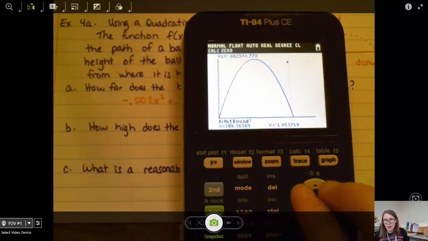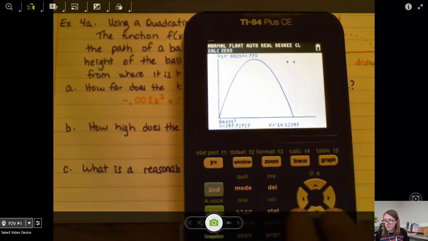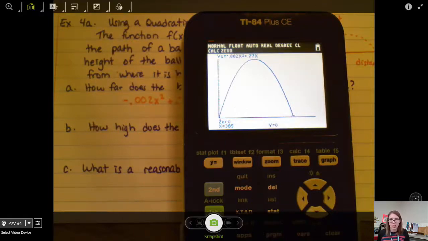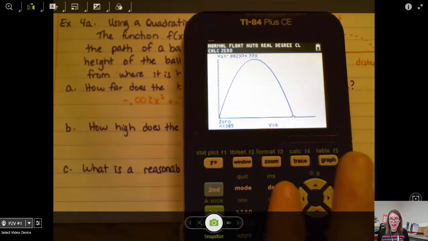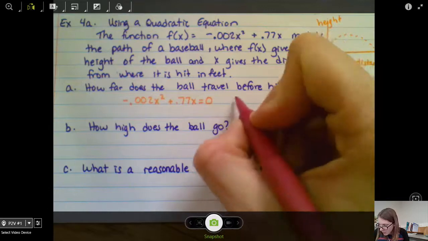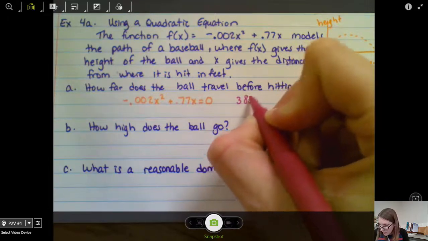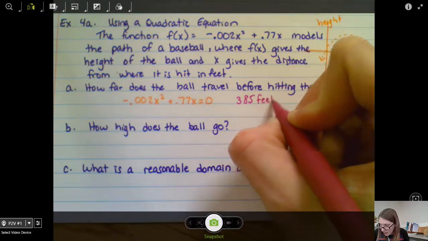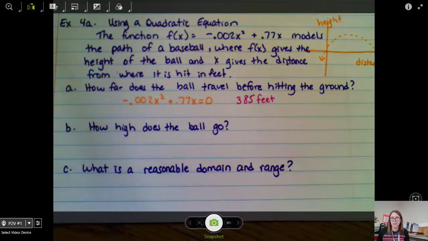You can't actually see my cursor right now, but here's about where my x-intercept is. I'm going to go to the right a couple more times. Hit enter. And then we can come back in. All right, so we have an x-intercept at x equals 385. So that means the ball went 385 feet before hitting the ground.